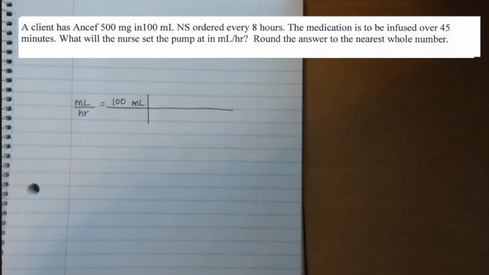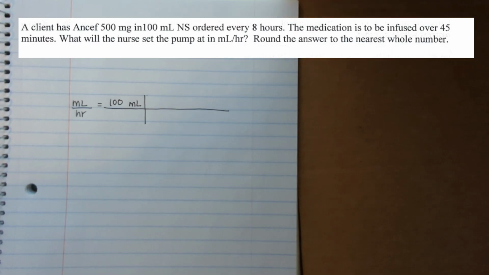We don't have more milligrams or grams or micrograms, so there's no way we can convert or cancel it out. So we're not going to use our 500 milligrams in our problem. What else we could use is the every 8 hours or the over 45 minutes. If you remember your rule, it's always over or in and never every. So we will not use our 8 hours, and our partner in this case is going to be 45 minutes.